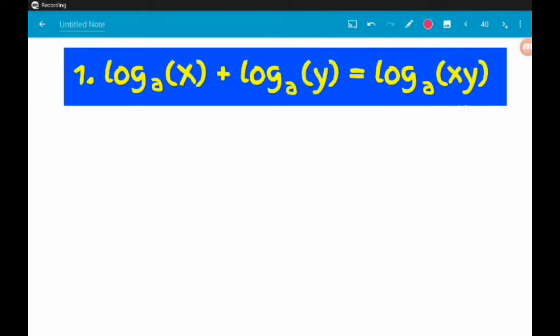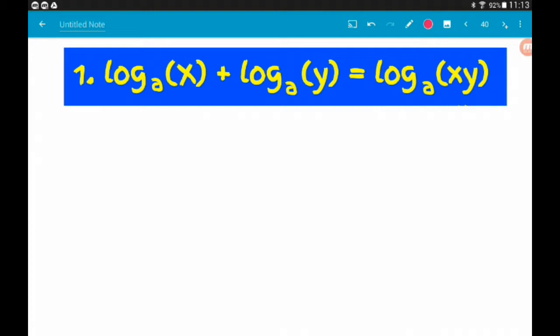Okay, the first one then. So we want to prove that log base a of x plus log base a of y is equal to log base a of x times y. How are we going to do this then? Well, first of all, we're going to define each of our separate logs, log a x and log a y, as different constants.